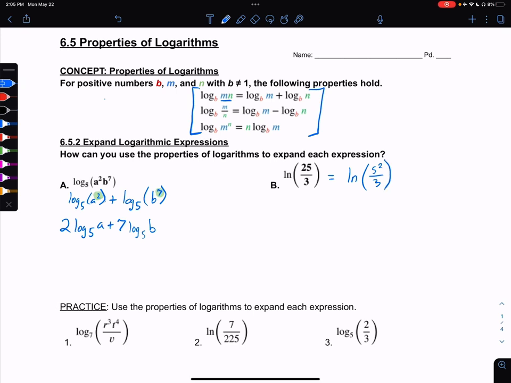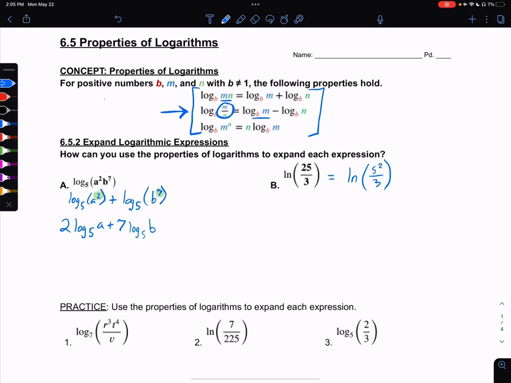Now we'll apply our properties. You're supposed to rewrite those as something to a power property. So here we have the natural log of 25 divided by 3. That's our second property, is what we're going to look to apply. So we're dividing m by n.